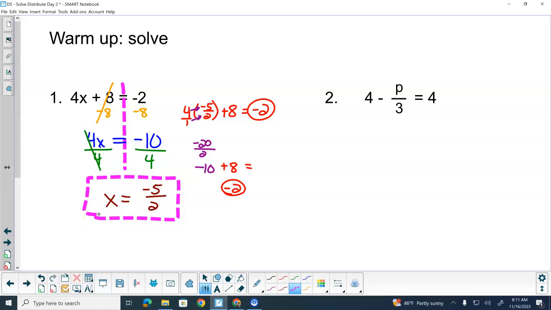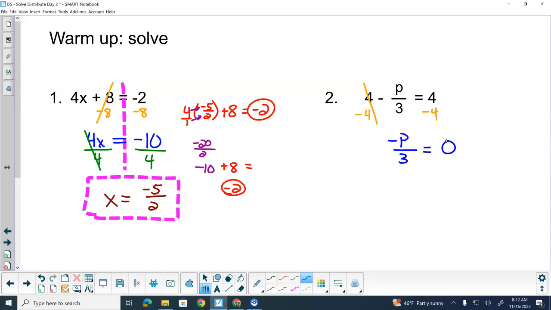Number 2. First thing I'm going to do is what? Subtract 2. This crosses out, right? Okay. So that leaves me with negative p over 3 equals what? 0. Yes. What mathematical operation is going on the left side? Division. So what's the opposite of division? Multiplication. So what are we going to multiply by?